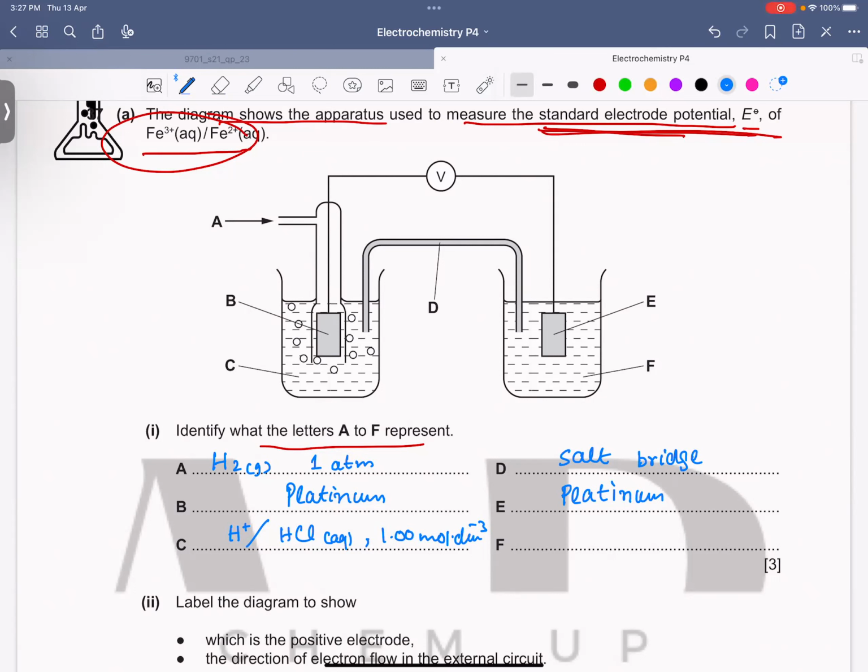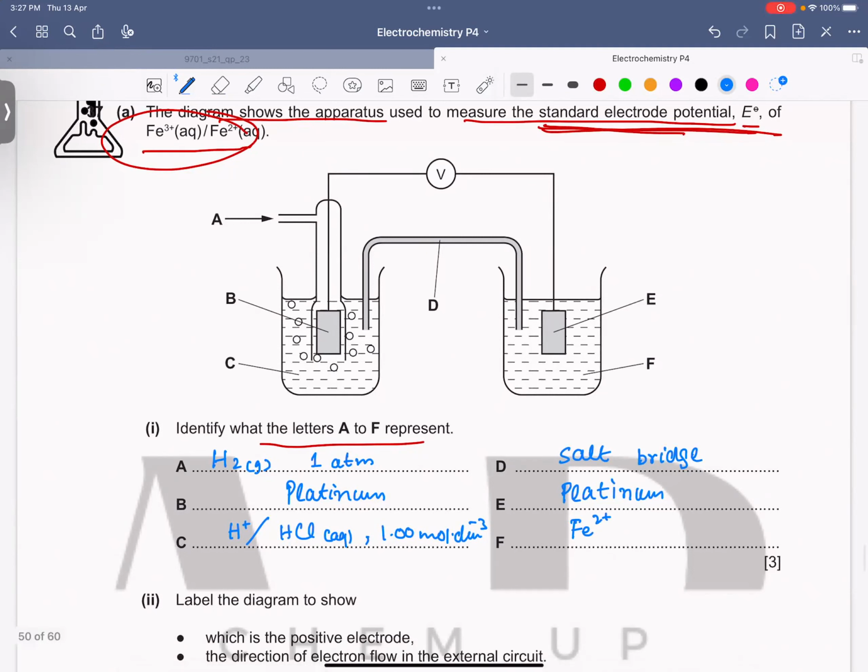It's because the solution has Fe2+ ions and Fe3+ ions, both. And when there are ions, in that case, we always take platinum as our electrode.